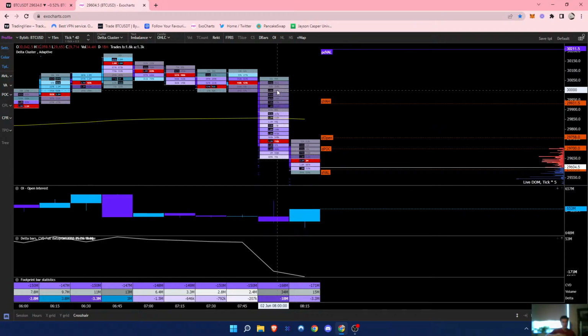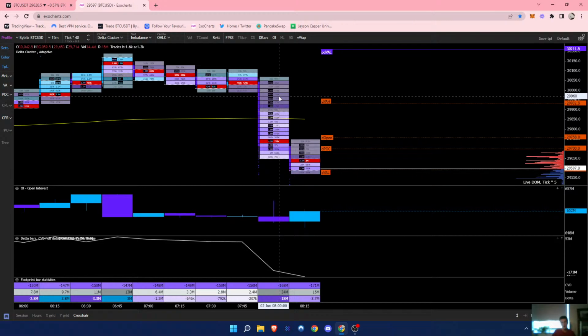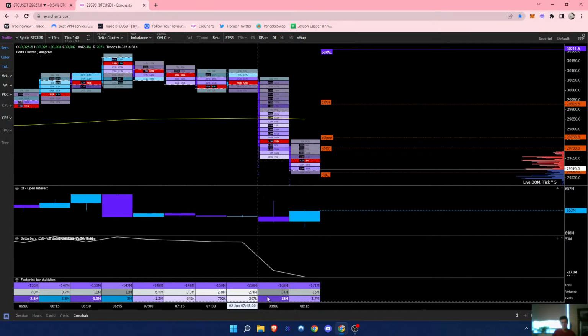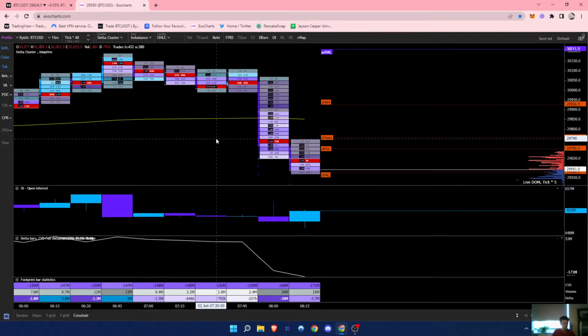Again, delta clusters only predicts market orders and not limit orders. So CVD is a good way of identifying if there's a large limit order there, absorbing longs or shorts as they come in, and then price decreases and goes in the opposite direction.